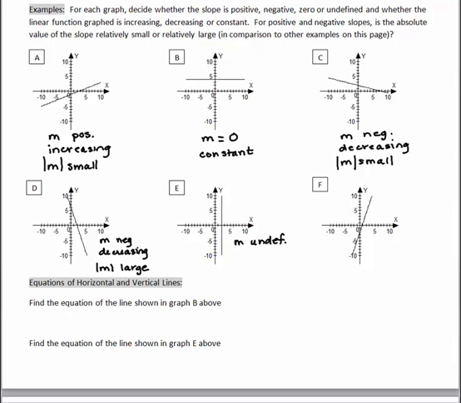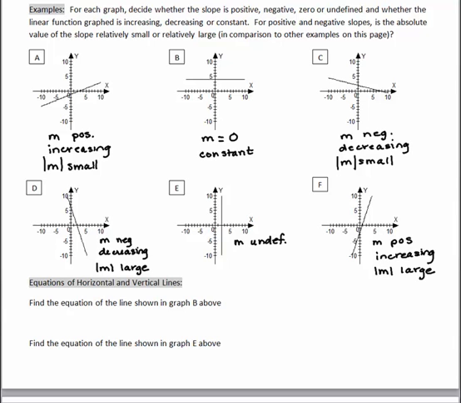We don't give this function any special name, and we can't really say anything about slope because slope is undefined. So we'll just simply say slope is undefined on that one. In F, we've got an increasing function, goes uphill from left to right, so our slope is positive. And once again, it's fairly steep compared to the other examples, so I'm going to say the absolute value of the slope is relatively large.